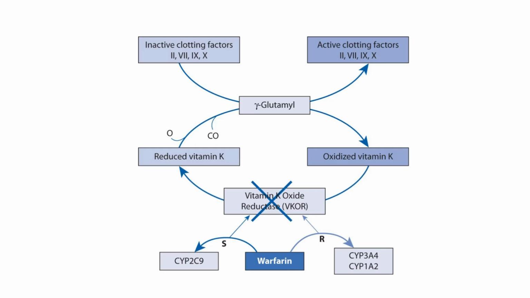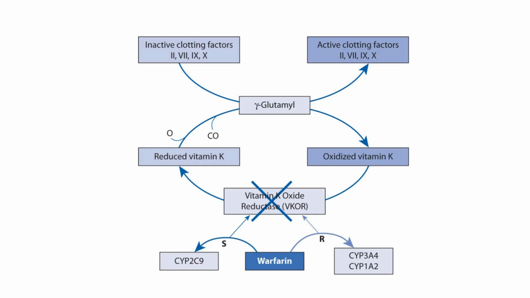For gamma carboxylation to occur, reduced vitamin K is essential. During this reaction, reduced vitamin K is converted into oxidized vitamin K. Don't get confused. Normally, the enzyme vitamin K epoxide reductase converts the oxidized vitamin K back into reduced vitamin K, allowing the cycle to continue.